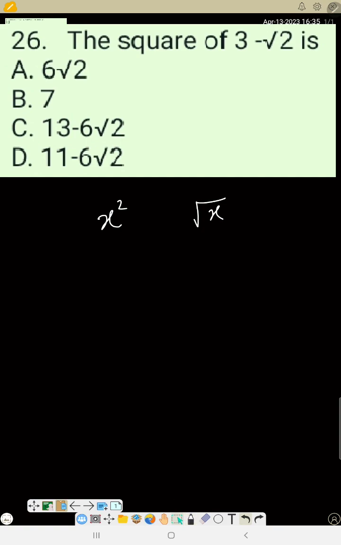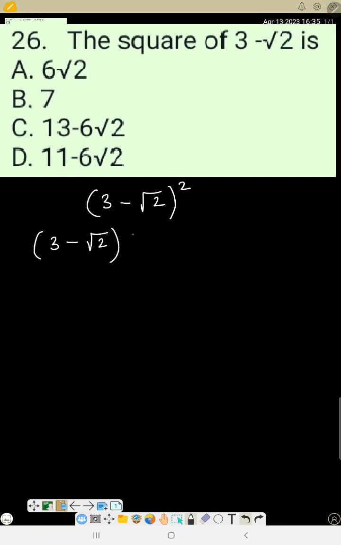So the question says find the square of 3 minus root 2. So square means you put square. So write the bracket twice. 3 minus root 2, 3 minus root 2 because it's square.